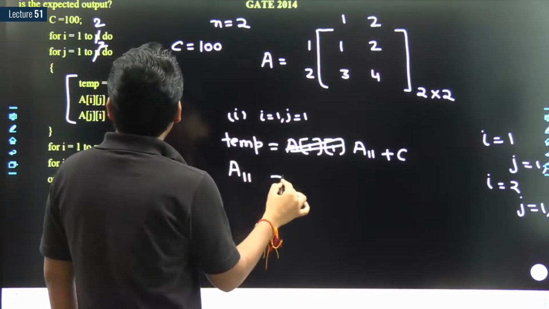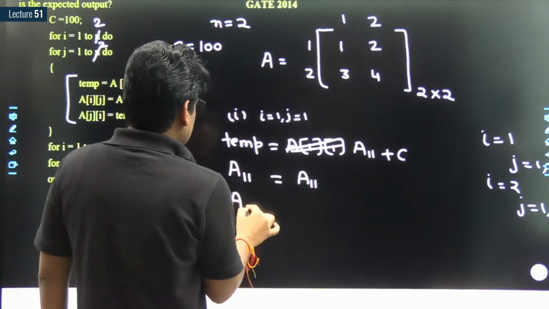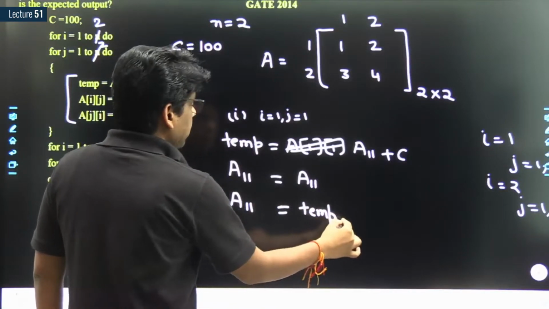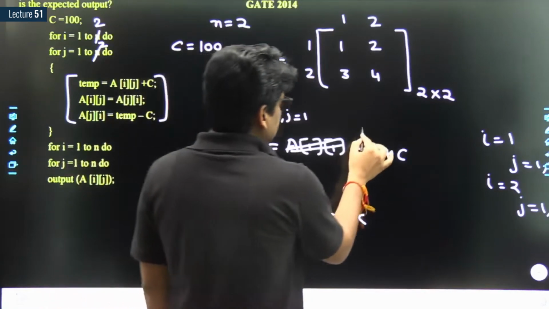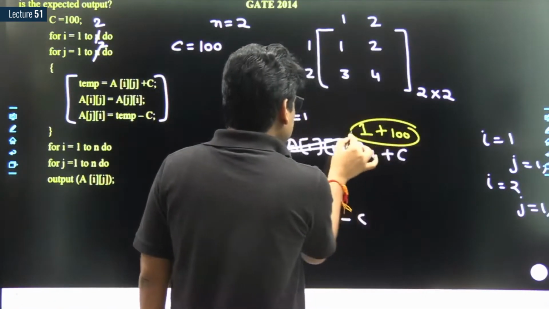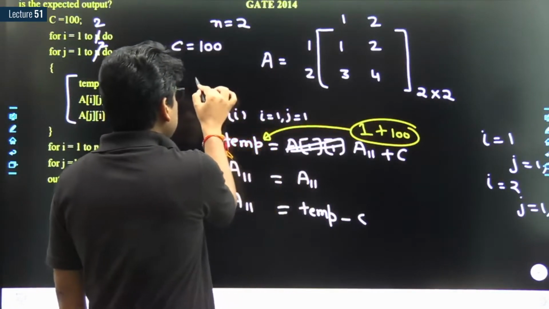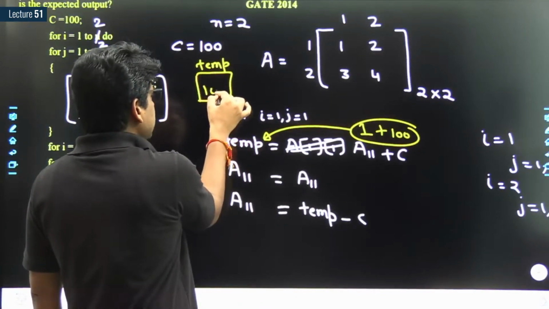Then A11 is equal to A11, and A11 is equal to temp minus C. When the first statement executes, the value of A11 is 1 and C is 100, so 101 is stored inside temp. The value of the temp variable is 101.